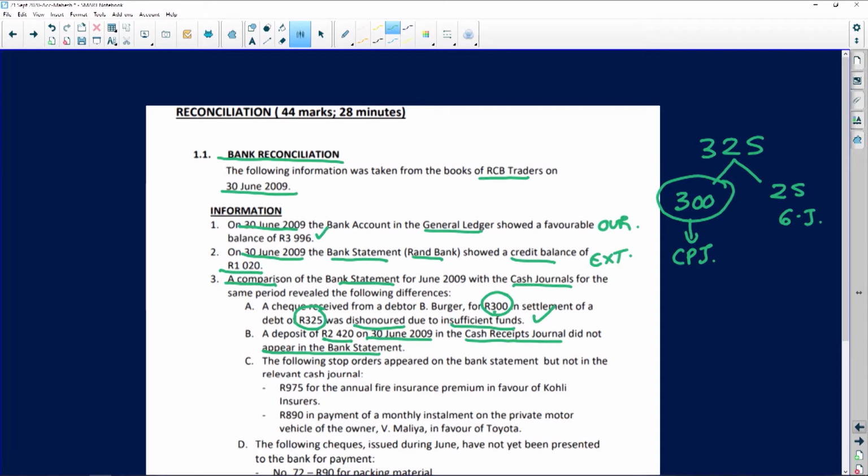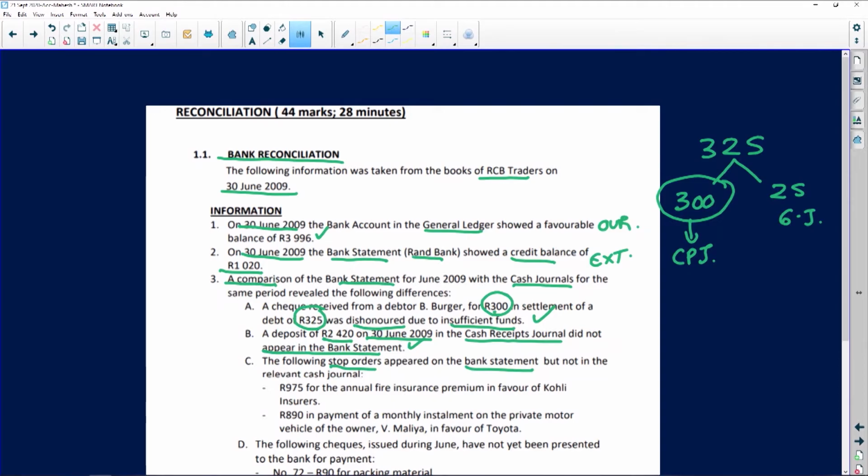Okay, right, let's move on now to difference number C. The following stop orders appeared on the bank statement, so it's in the external records, but not in the relevant cash journal. So remember guys, stop orders are very similar to a debit order. Money is being withdrawn from your bank account.